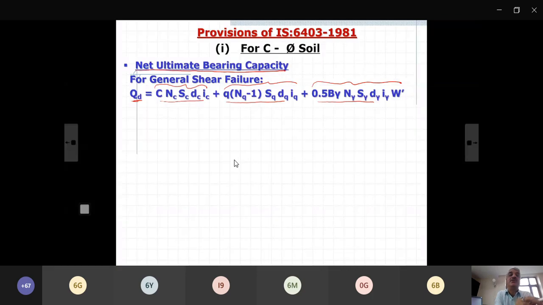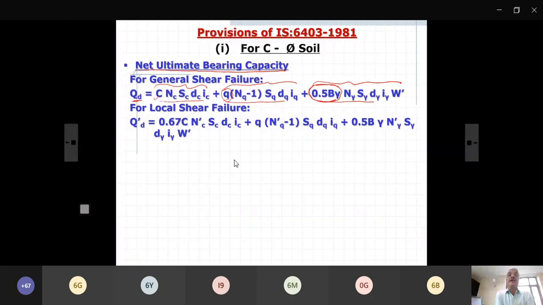In them, the first is C, which is cohesion. Here Q, and here 0.5 B gamma. C is the cohesion value, Q is your overburden pressure, 0.5 B is the width of your foundation, and gamma is the density of the soil in the filled-up area, its in-situ density. That is the first thing.